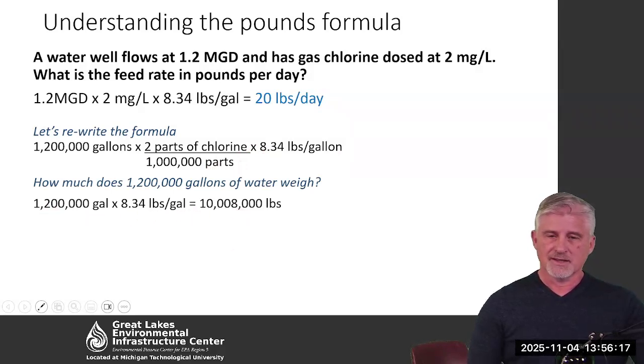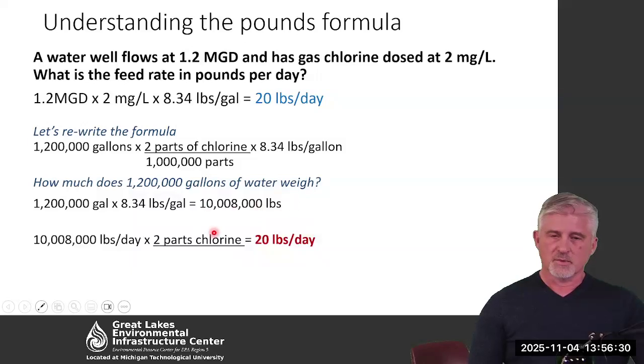That tells us that we have just over 10 million pounds of water in 1.2 million gallons. So if we have just over 10 million pounds of water in a day, and there's 2 parts of chlorine per million, we know that we have 20 pounds per day of chlorine.